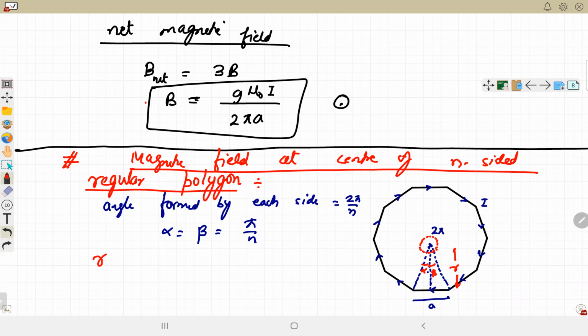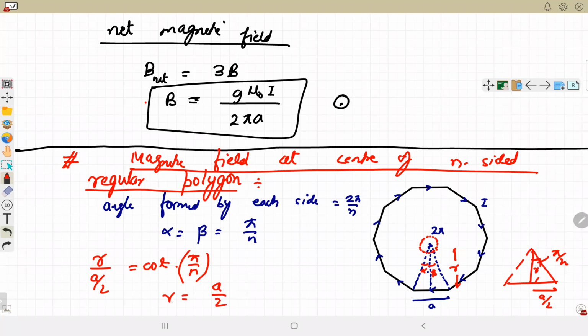Considering this triangle, r is the base, a by 2 is the perpendicular, and the angle is pi by n. So r by a by 2 is cot pi by n. The perpendicular distance of each wire from the center is a by 2 cot pi by n.